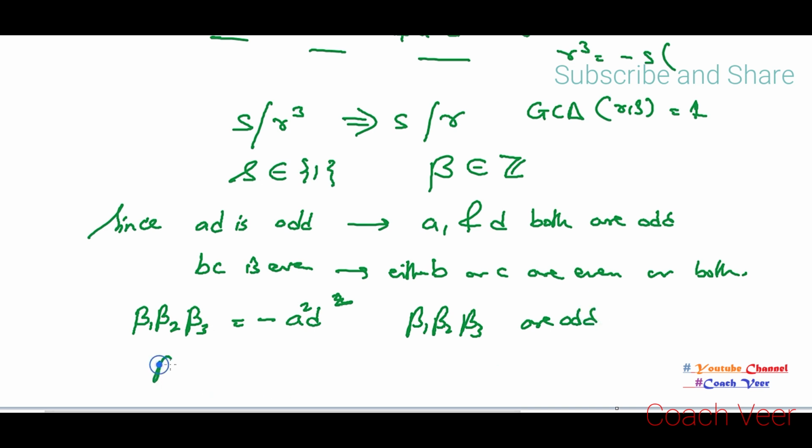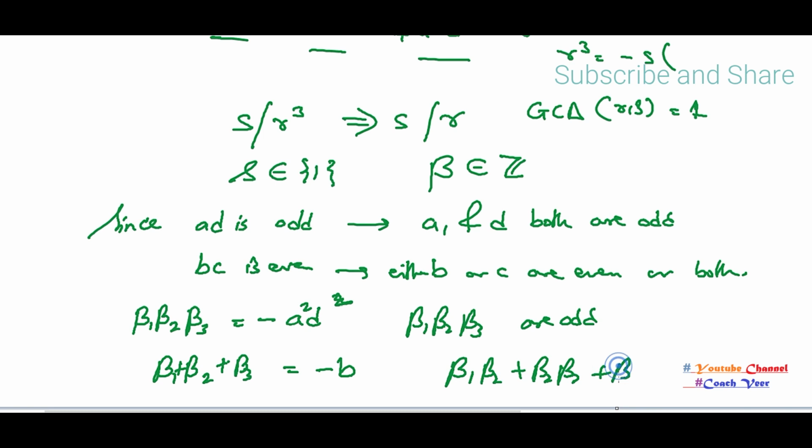Okay, and you know sum of the roots, that is the second thing. Sum of the roots, beta 1 plus beta 2 plus beta 3, is equal to negative of b, and the roots taken two at a time, beta 1 beta 2 plus beta 2 beta 3 plus beta 1 beta 3, like that combination we just need to make.